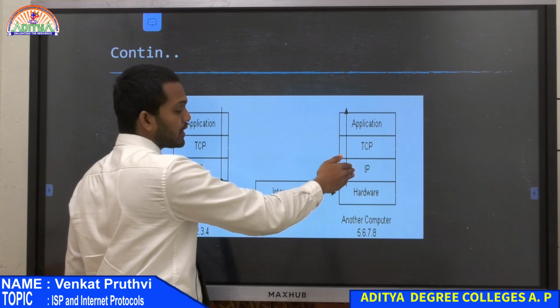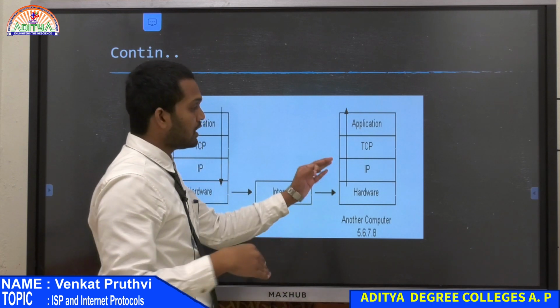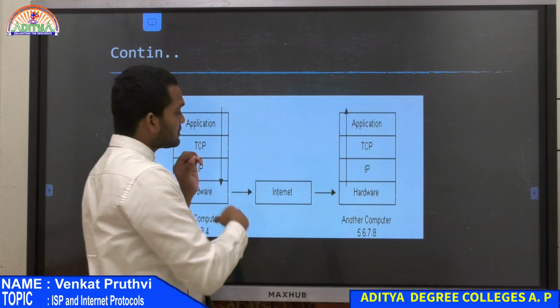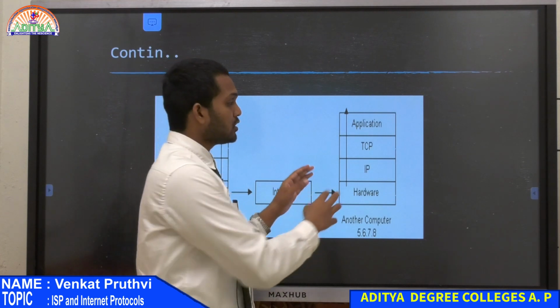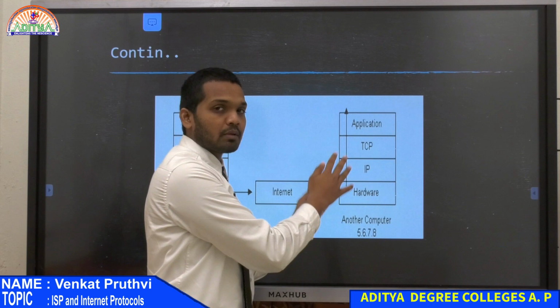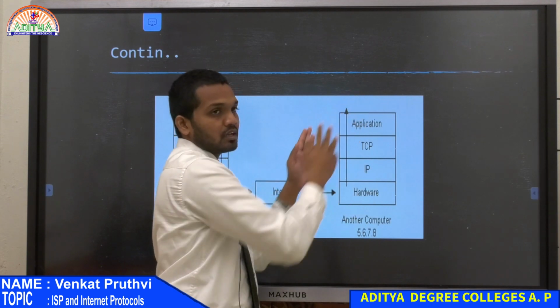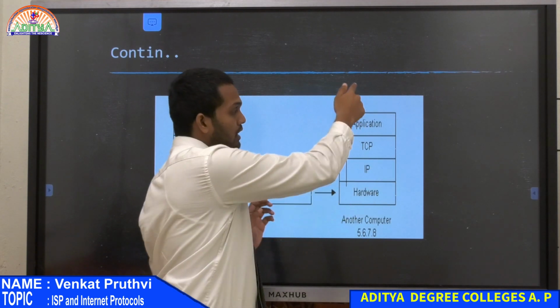When it's going up into the IP stack, each packet has the IP address of this computer, so it will start leaving out the IP address, because it only has to send the data file to the user.